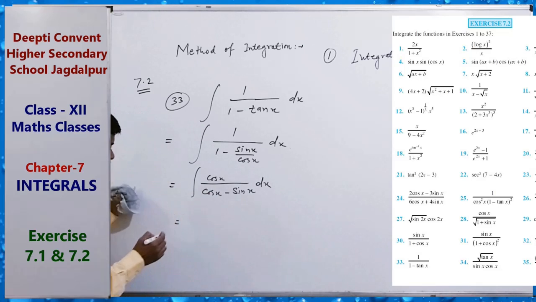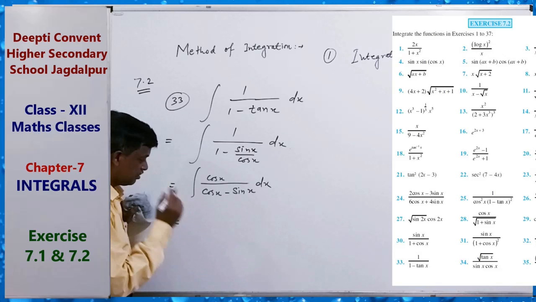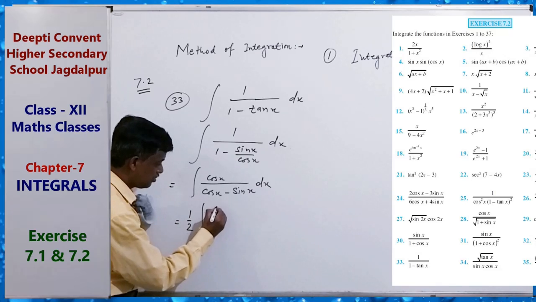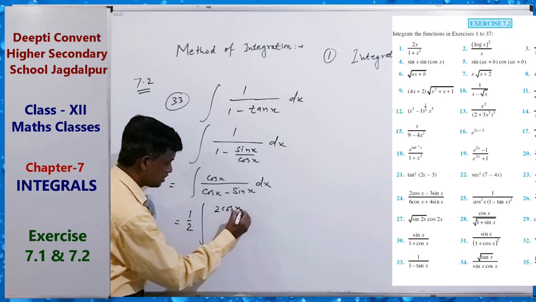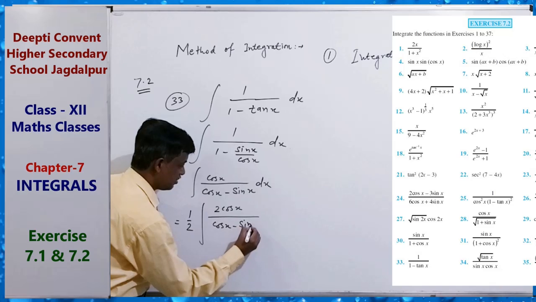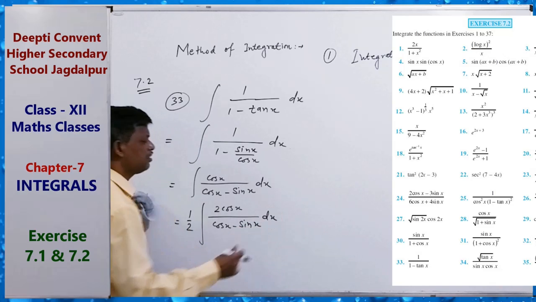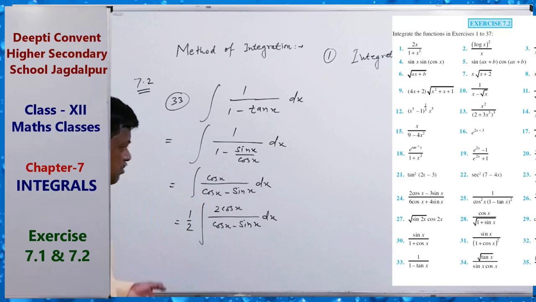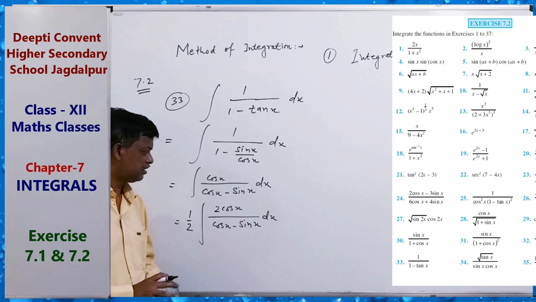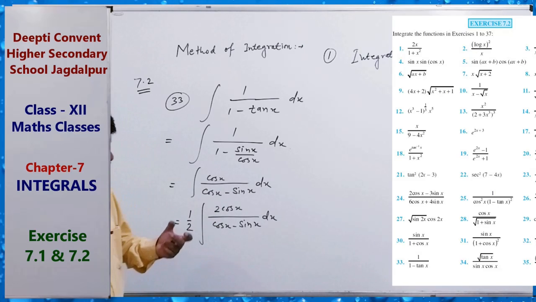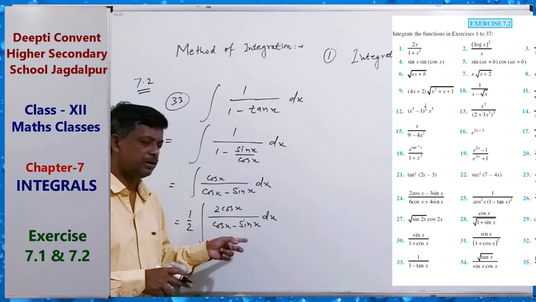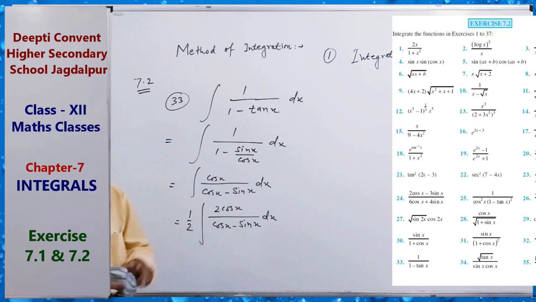So we are using, like this, 2 times of cos x upon... There may be another method also, but try to convert the function in such a way that we can substitute, and then we can convert in terms of elementary functions.